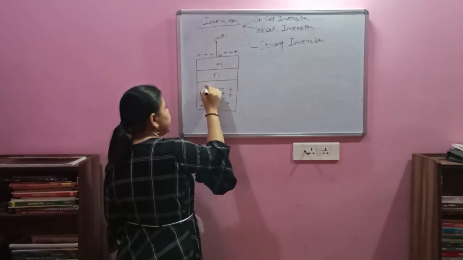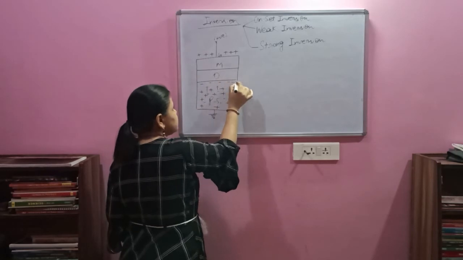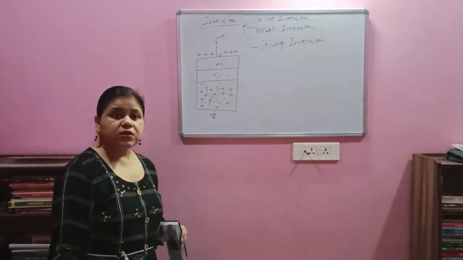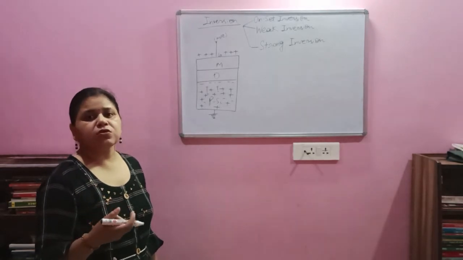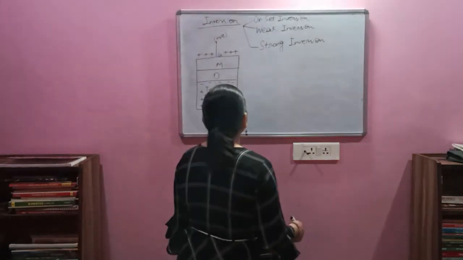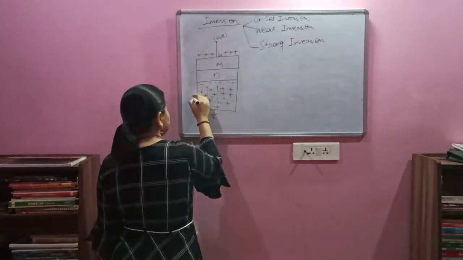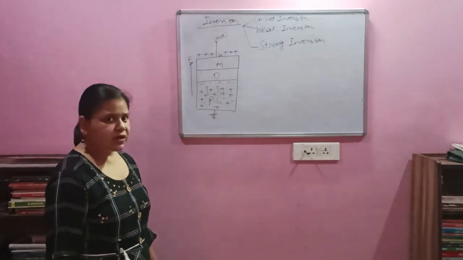It will attract a few electrons over here. Few electrons, remember. Still this density is not so much that it will start the current conduction. Again the electric field generated will be from the substrate to the metal side.